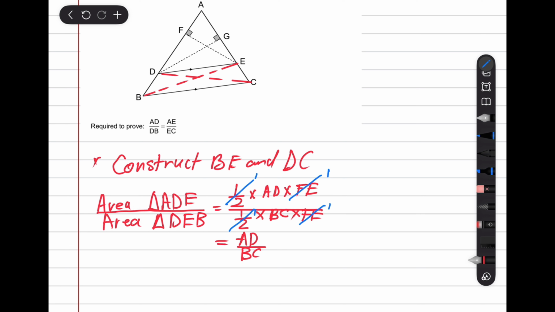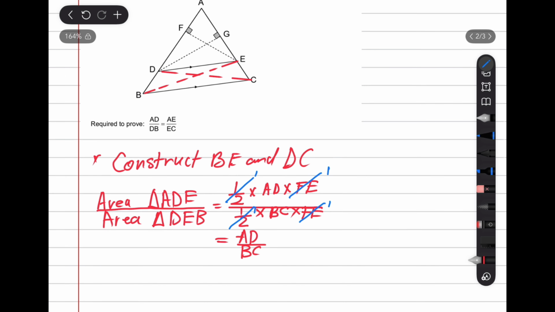So now the other triangles that you have to focus on are triangle ADE still, but now we are going to be using base AE, and the other triangle that we are going to be focusing on here is triangle DEC. Right, so let's do that.